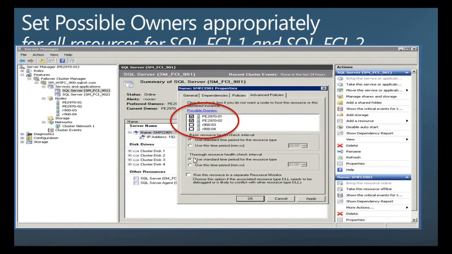You also want to change the possible owners, so make sure all the resources are owned by the correct subnet owners. All the resources in subnet 1 should only be owned by subnet 1's nodes. Subnet 2 resources can only be owned by subnet 2 nodes like 03 and 04.